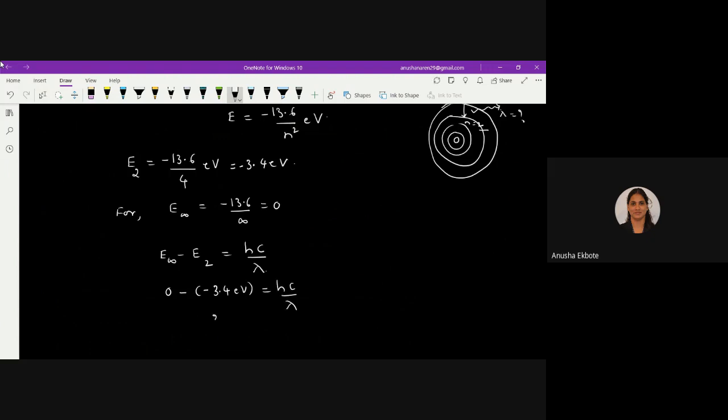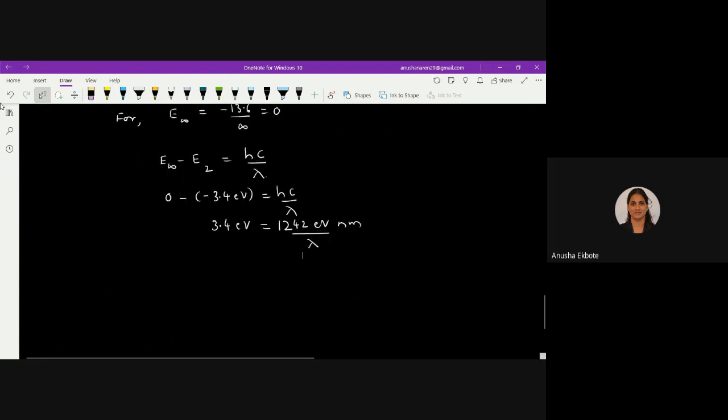So this is 3.4 eV, and hc value we have already calculated. This is 1242 electron volt nanometer divided by wavelength. So when you want wavelength from this equation, let us shift the wavelength to the left hand side. Hence 1242 electron volt nanometer divided by 3.4 eV.